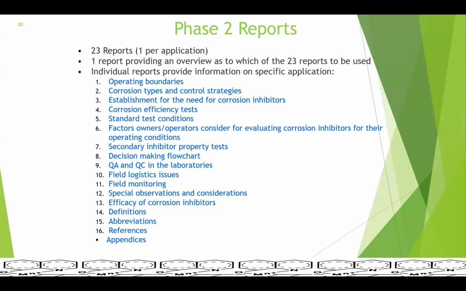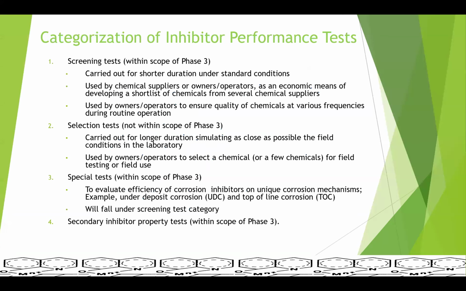So we have 23 reports, one for each of the applications. That is phase 2. When we did phase 2, we also found that we have to categorize the inhibitor performance testing into 4 categories: screening test, selection test, special test, and secondary inhibitor properties test.